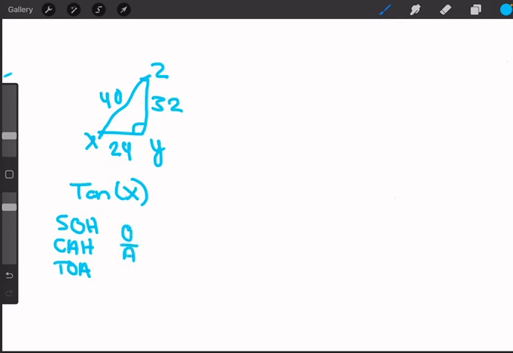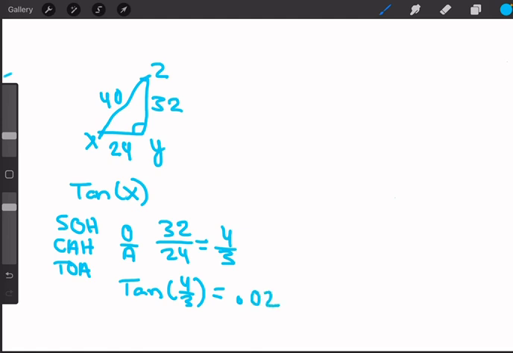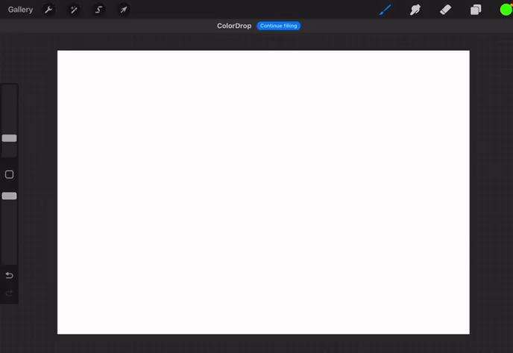So the opposite of X is 32, so 32 over 24. And this is something that can be simplified into 4/3. So now we're going to plug in the tangent of 4/3, and that is going to give us 0.02.